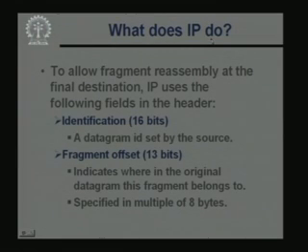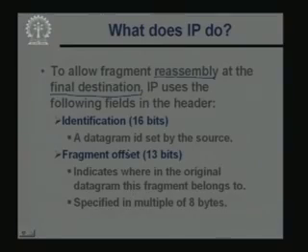Since the IP layer uses non-transparent fragmentation, reassembly has to be carried out at the final destination. In order that the final destination can successfully carry out the reassembly, each fragment must carry relevant information. The relevant information is as follows. First is an identification number, which is 16 bits.